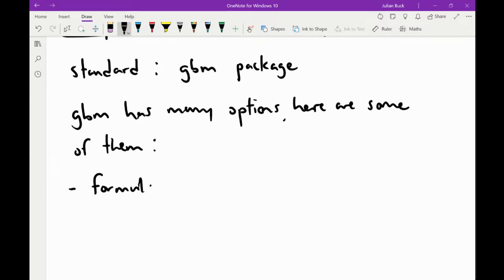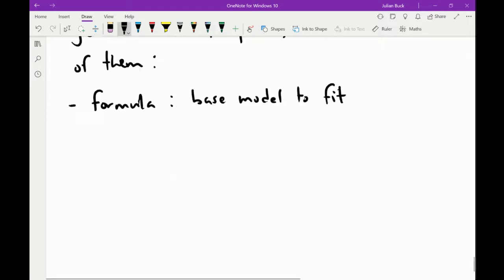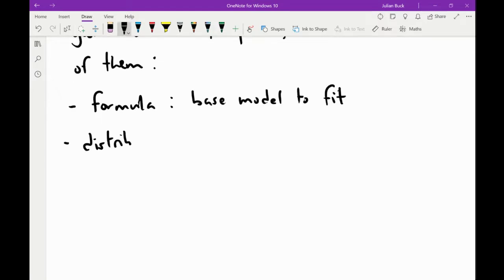Formula. So this is the base model to fit. Distribution. So this is actually the name for the loss function, how to measure the loss. Data, well, this is simply the data set to use.